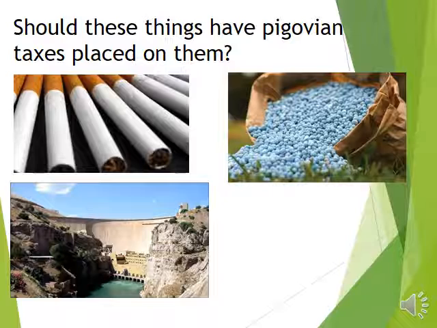Now, if you could value those costs at, say, $15 a packet of cigarettes, the way you would do this is the government would place a Pigovian tax on the cigarettes, and that would bring the cost of the cigarettes up, but that money can be used to address some of those external costs.